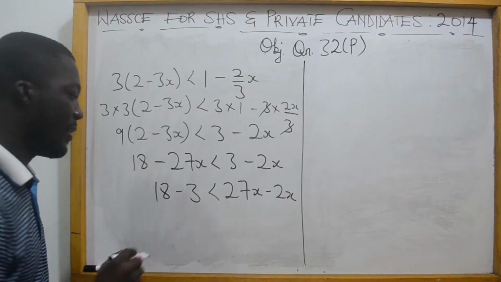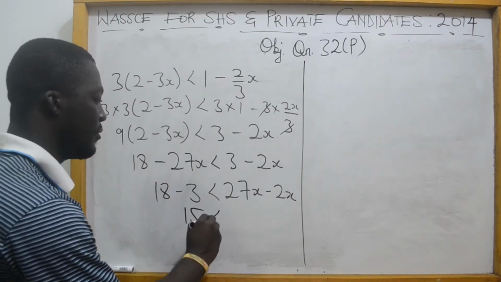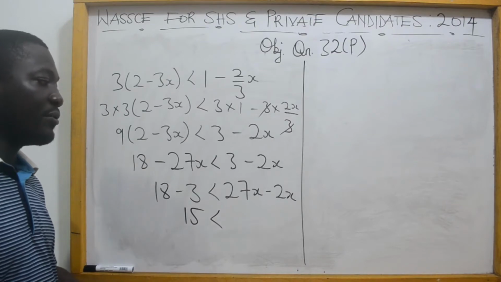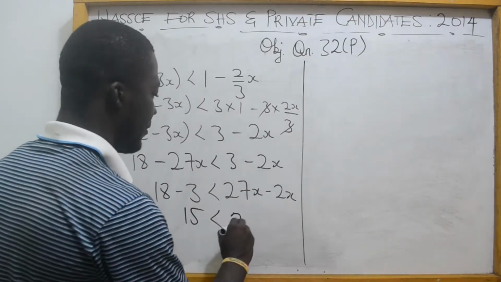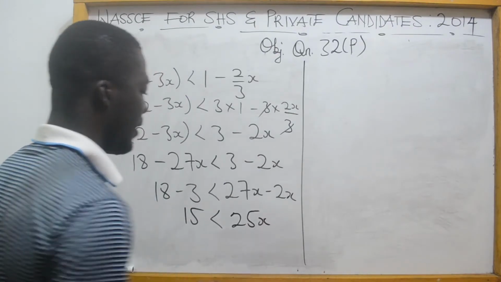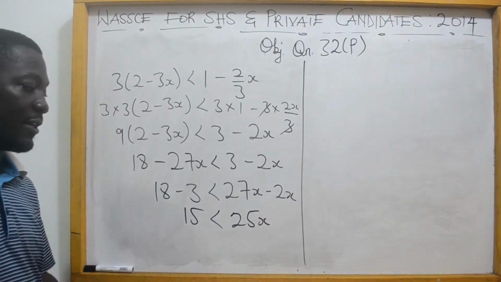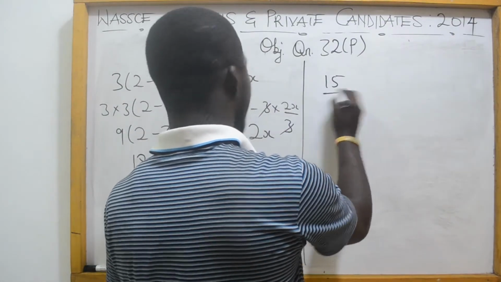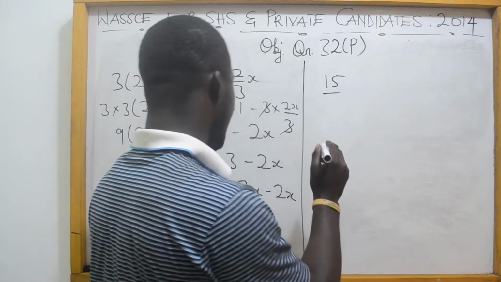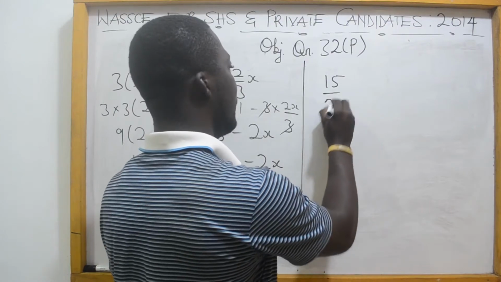18 minus 3 is 15. So less than 27x minus 2x is 25x. So to find the value of x, we divide each side by 25.